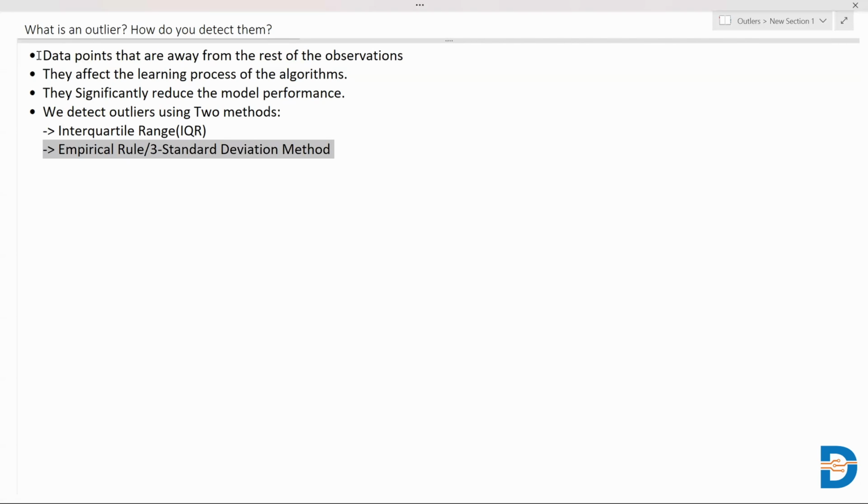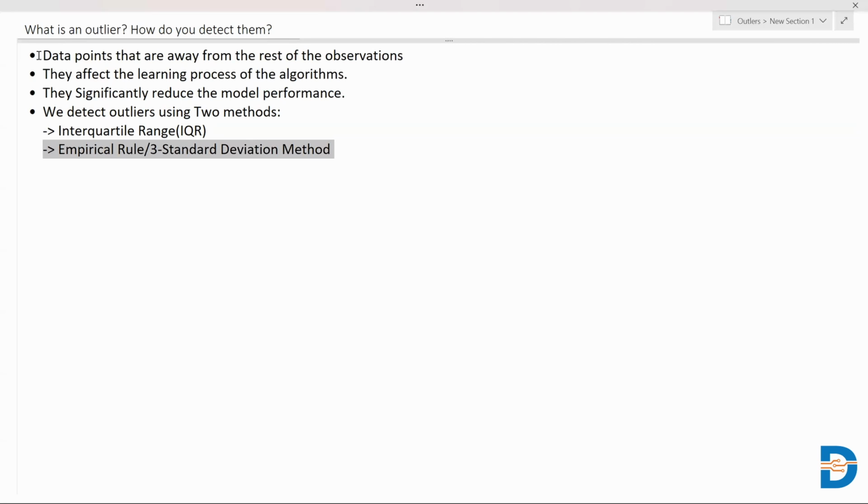Your interquartile range is nothing but the middle half of the data. It's the 50% of the data, or the range between the first quartile and third quartile of the data. That is your IQR. Using that, we find the upper limit and lower limit. Anything beyond the upper limit or before the lower limit will be outliers.